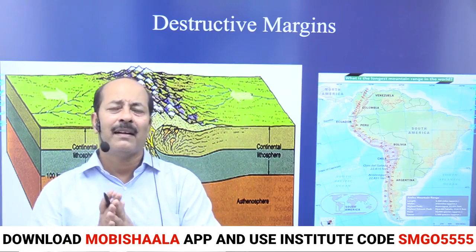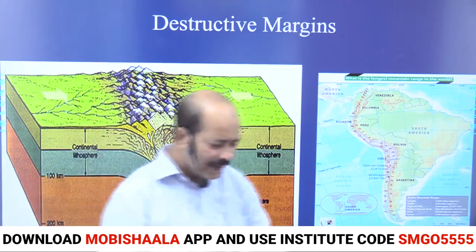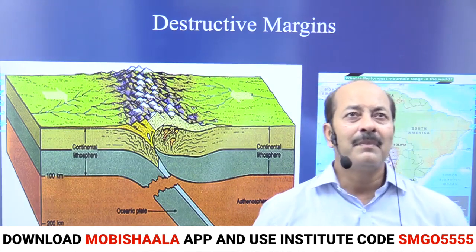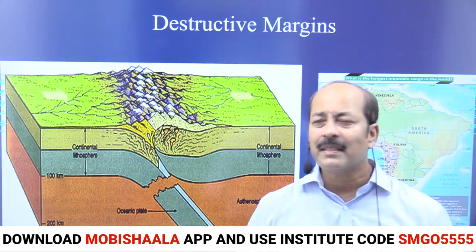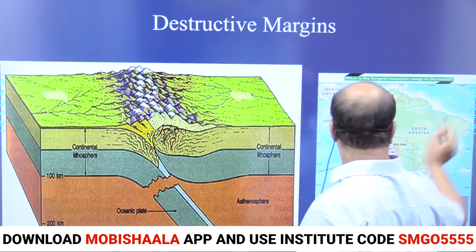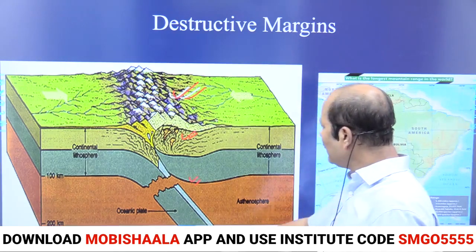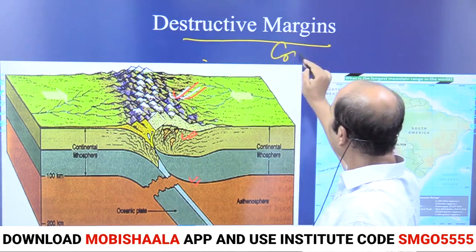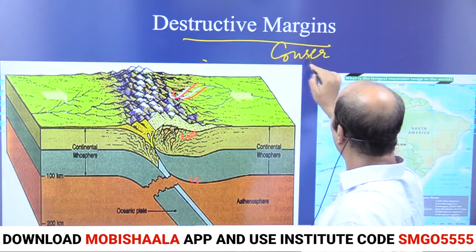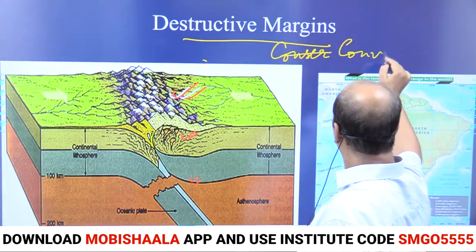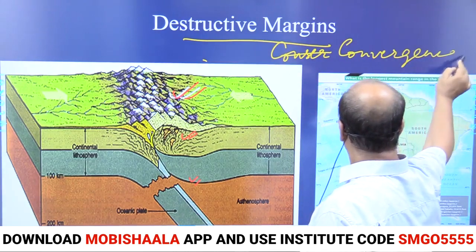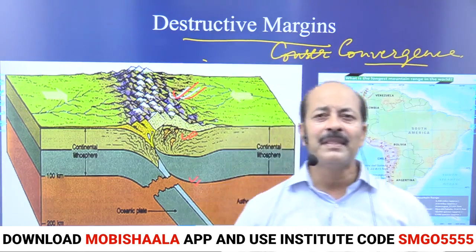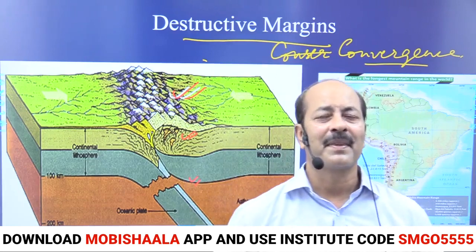So write down in detail the first one, convergence boundaries or destructive plates.